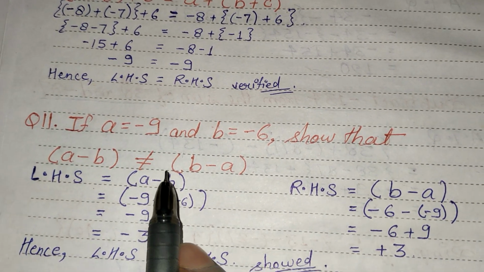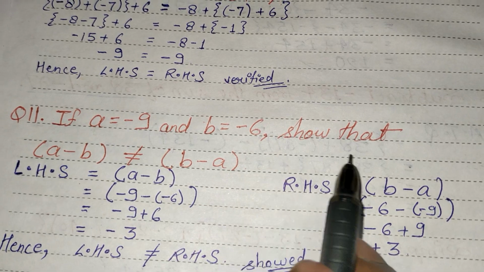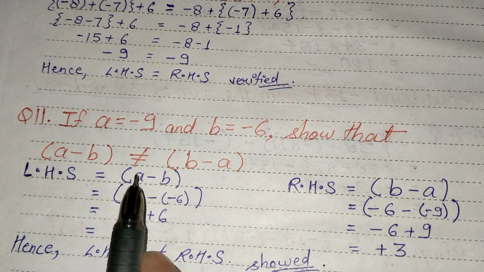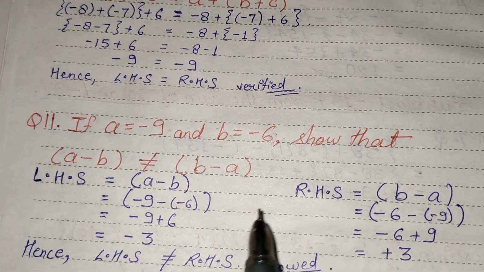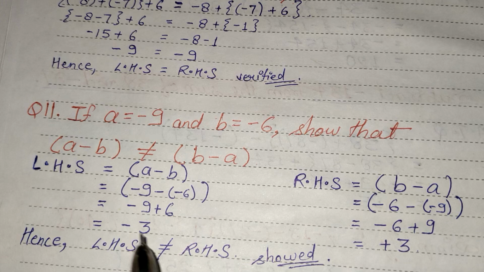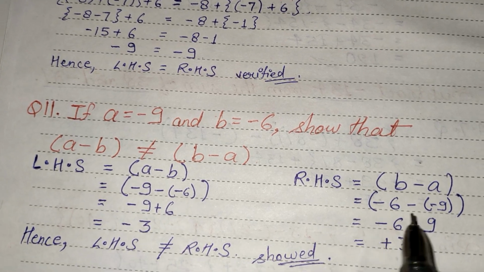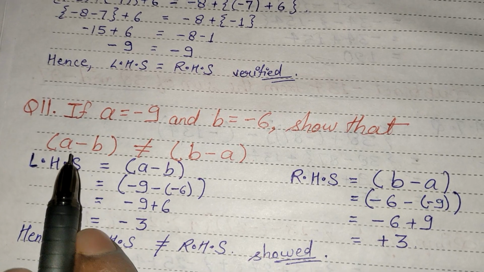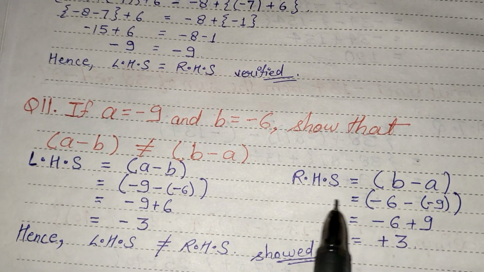Now moving on, next question number 11. If a is equal to minus 9 and b is equal to minus 6, show that in the bracket a minus b is not equal to b minus a. So let's show it. First, left hand side, here you have to write right hand side. Now left hand side is a minus b, right hand side is b minus a.